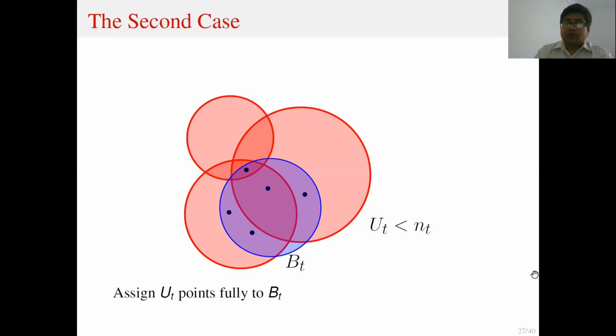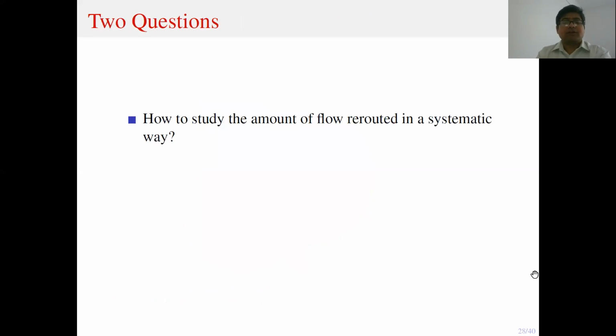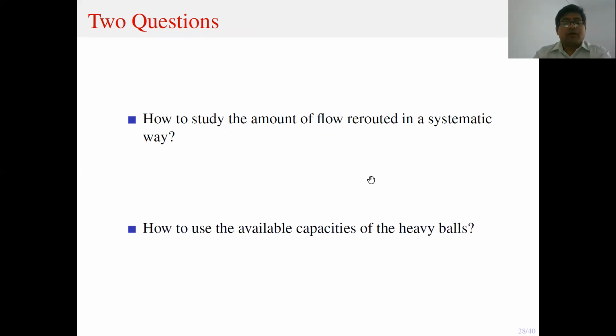Okay, so to analyze this algorithm, we need to ask the following two questions. The first one is: how can we systematically compute the amount of flow rerouted from the other balls, or the heavy balls, to the light ball? And the second: what to do with the available capacities of the heavy balls?